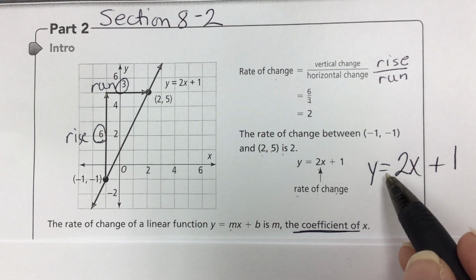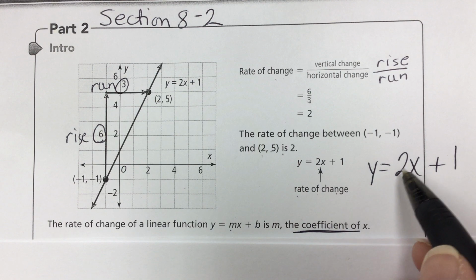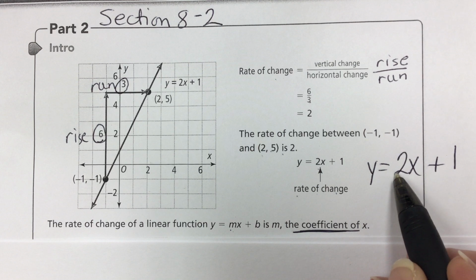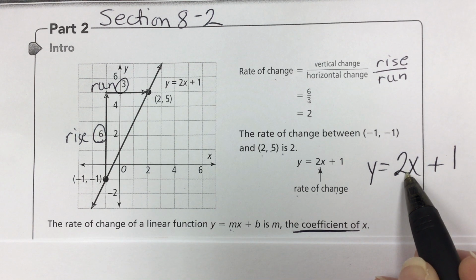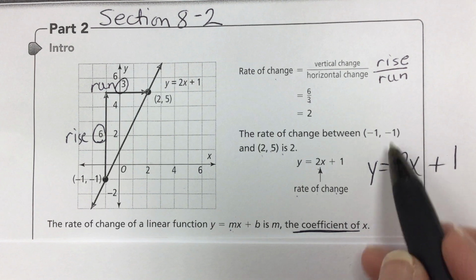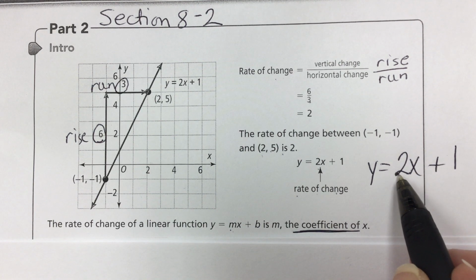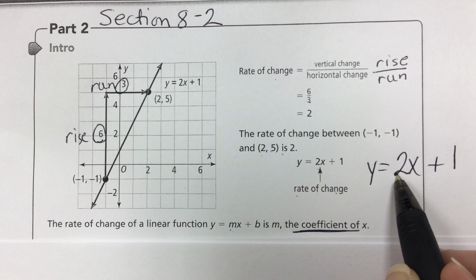So anytime you have a number in front of x, that number is being multiplied times x, and that number is the coefficient of x. If I ask you for the coefficient of x, it would be the number in front of x. So 2 is your slope, 2 is your rate of change, and 2 is the coefficient of x.